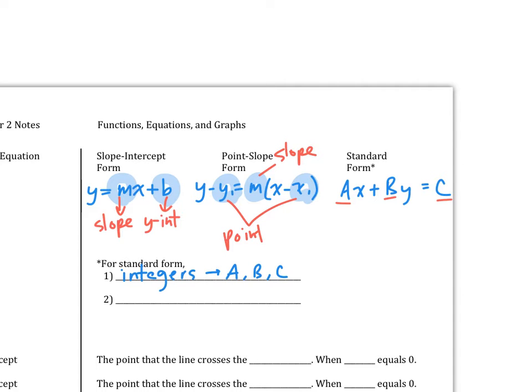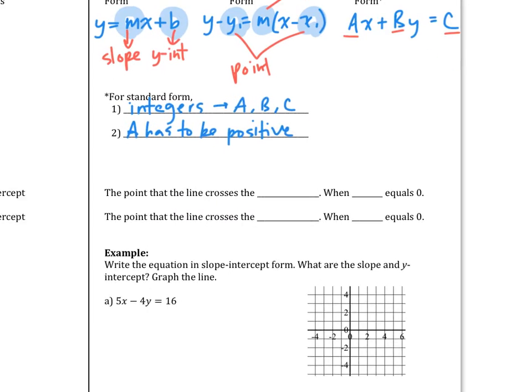And then the second thing is that in the standard form, A has to be positive. So those are the two major differences between standard form and the other ones. First, A, B, C have to be integers, so recall what integers mean, and then A has to be positive.